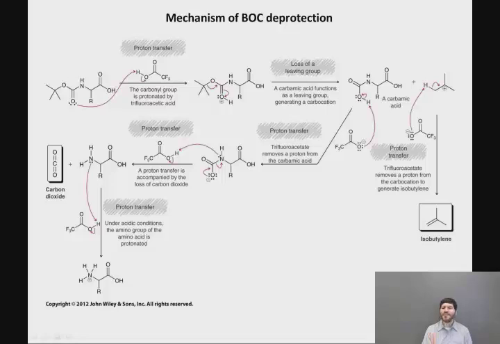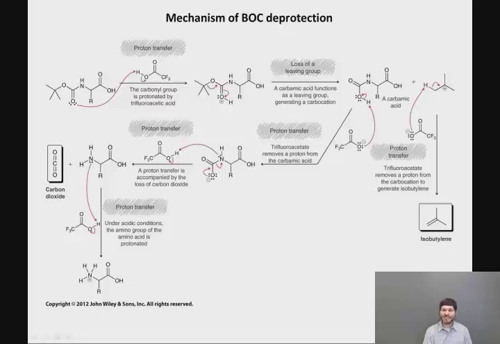Okay, but then what is also left behind now is this carbamic acid, and the left-hand OH is going to be the most acidic due to the closer inductive effect of the nearby nitrogen.